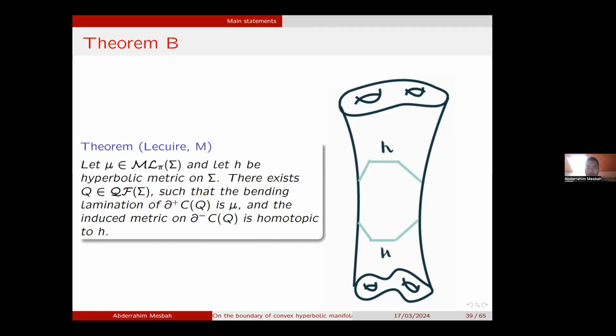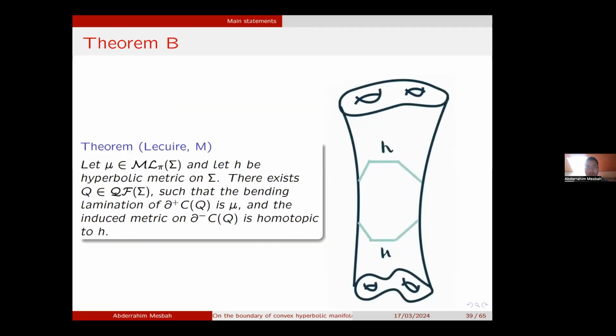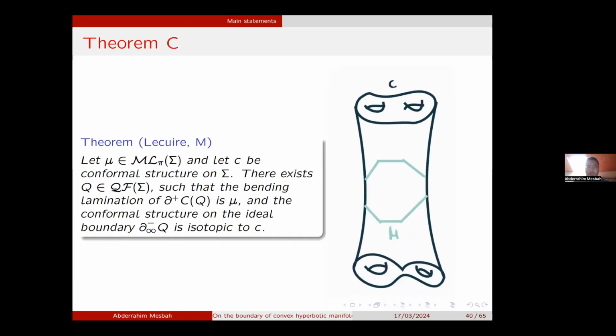Another theorem, a statement that can be seen as a limiting case of the first one, we will see why it is a limiting case, is that if I take a measured lamination mu and a hyperbolic metric H on sigma, then I can find a quasi-Fuchsian manifold that induces H as the induced metric on the upper boundary and induces mu as the bending lamination on the lower boundary. The same thing is also true with the conformal structure.